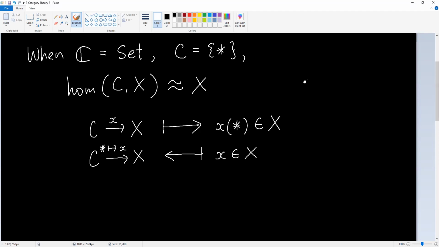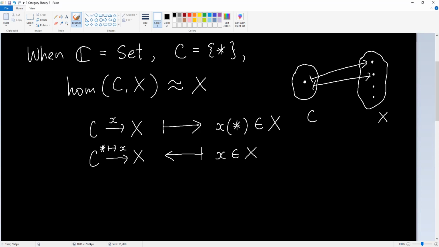Maybe a graphical representation of the story is going to be convenient. So if I have, let's say, this is my X and this is the C, we can see that we've got as many functions from C to X as we have elements in X, because a function is really determined by choosing a specific element in X, since there's only one element in C to evaluate the function at.